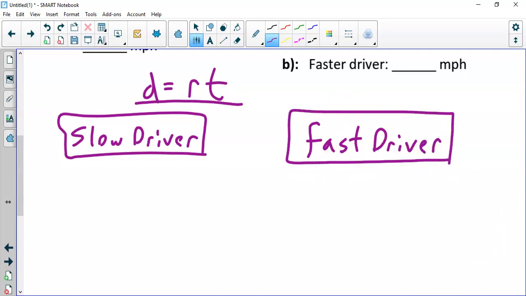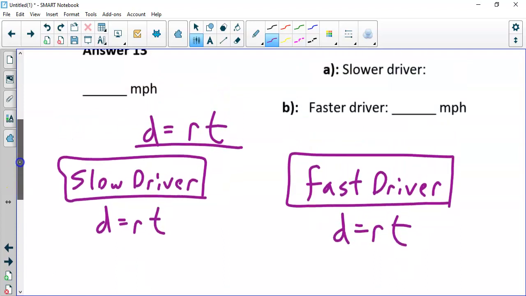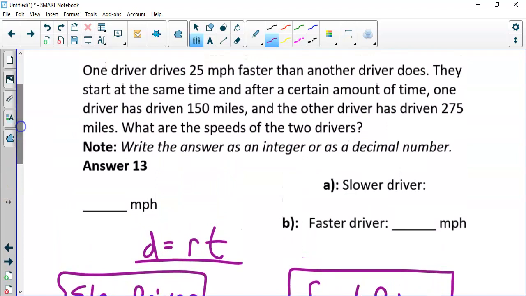So let's fill in our equation for each one of these. So the first thing, let's start out with D. How far did the slow driver go? 150. If you're a slow driver, you're not going to get very far.